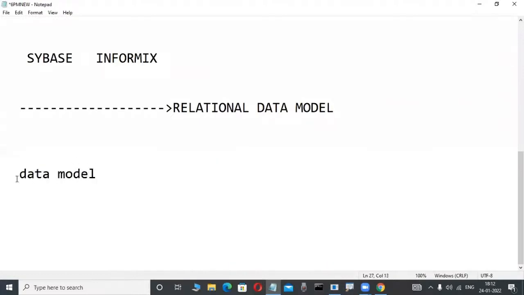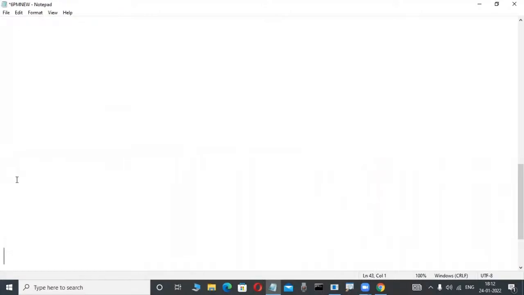Slowly observe here. Anybody who attended the previous class, I am telling one thing. Suppose Oracle is a product. This Oracle database, or any relational database, has two types of structures, as I told in the previous classes.